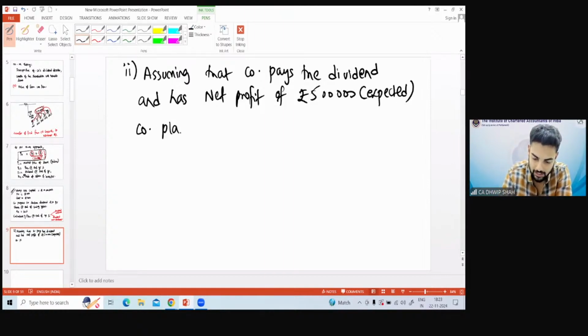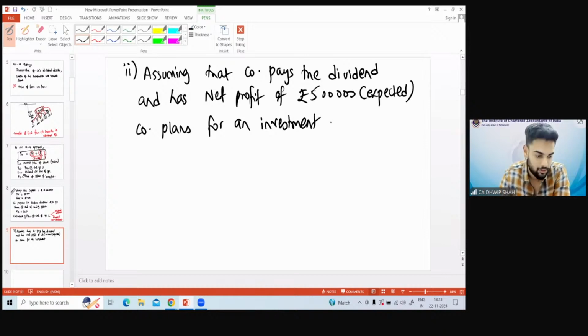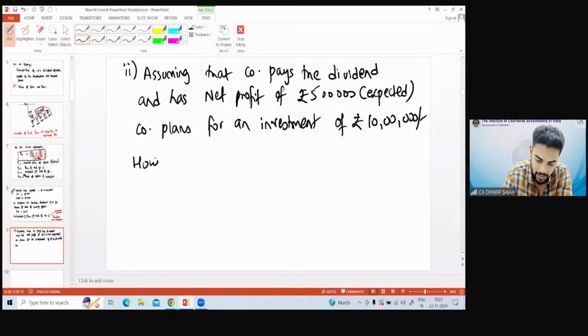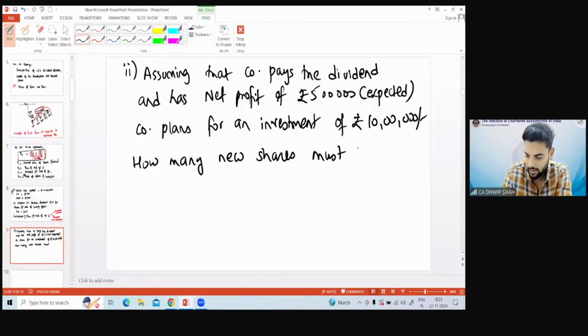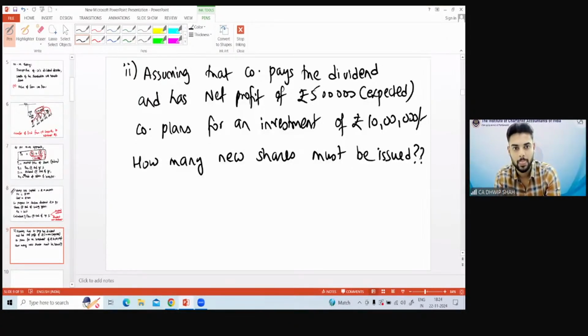Company plans for an investment of rupees 10 lakh again in the next year. So calculate how many new shares must be issued. This is more or less a very exhaustive illustration that will cover the concept of MM.